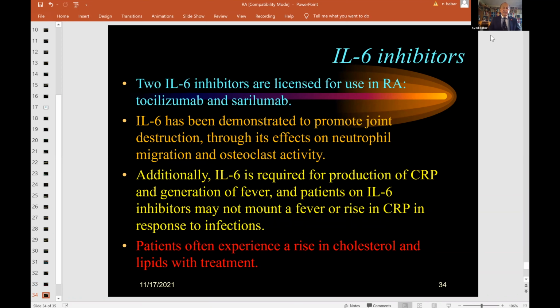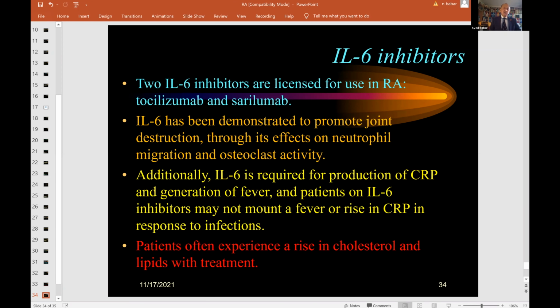Interleukin-6 inhibitors, the varieties are tocilizumab and sarilumab. It inhibits joint destruction, and it reduces osteoclastic activity. So it works in the worst form of rheumatoid arthritis.